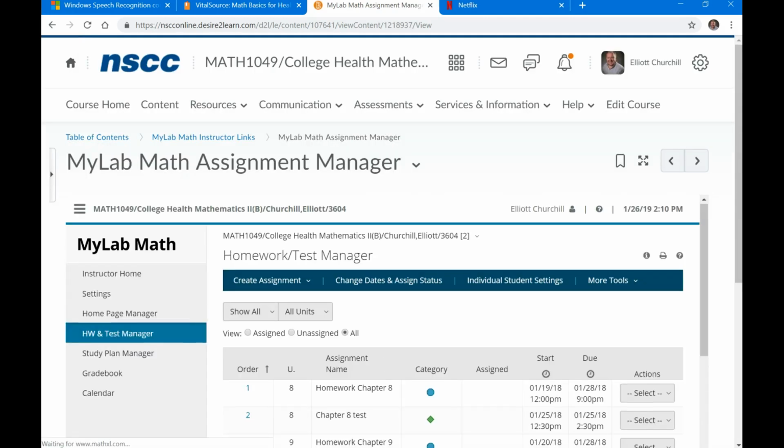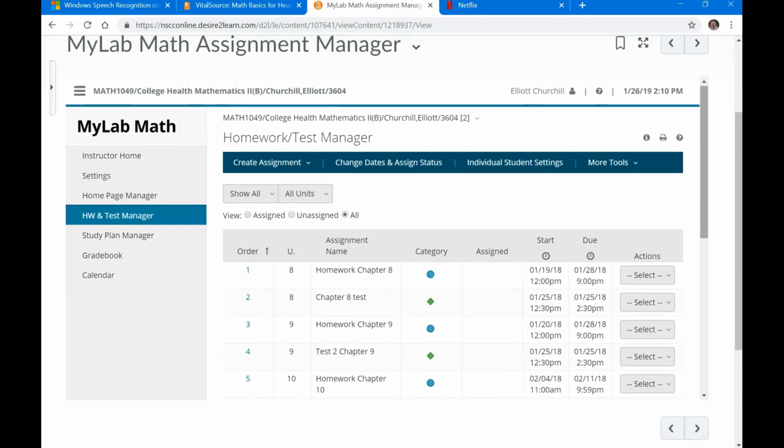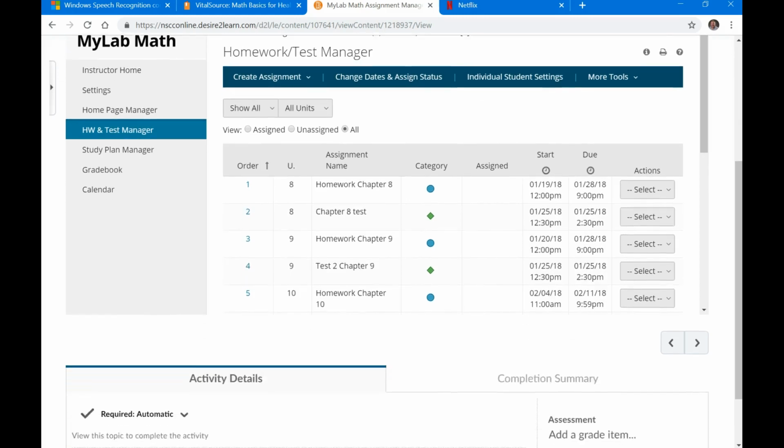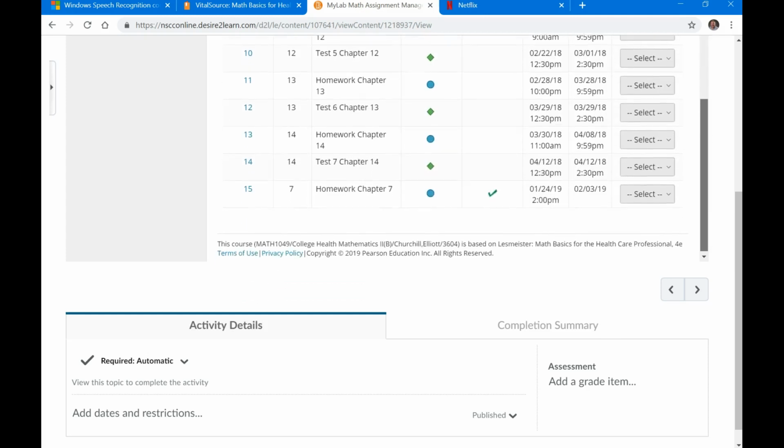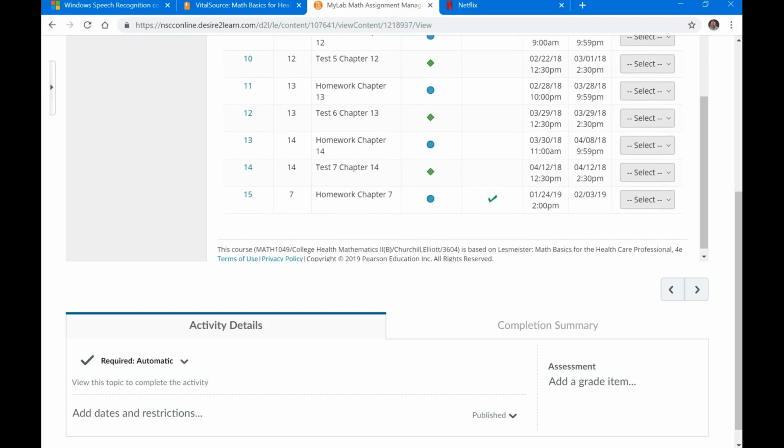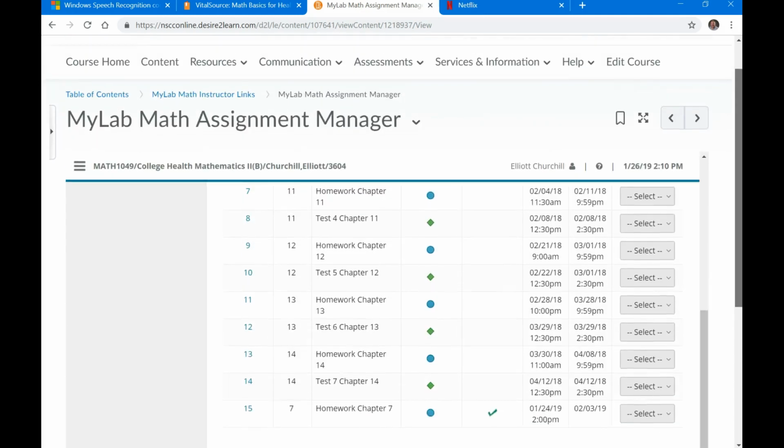I've already logged in and signed in. You'll just have to follow the directions, accept the policies, pay for the course, and then you can see right here that the chapter 7 assignment is assigned, and it's not due until February 3rd. So that's all good to go and all set up finally.